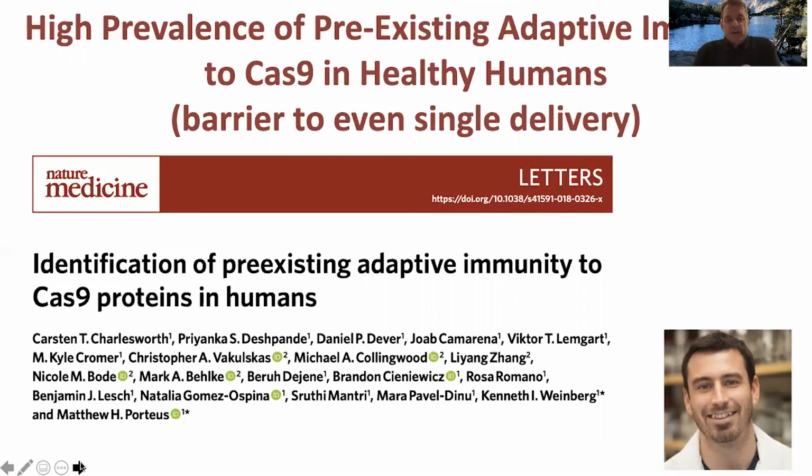And as many of you know, the most active Cas9s that we use both in vitro and in vivo are derived from bacteria that commonly colonize or infect human beings. And so the hypothesis that Karsten and I discussed was whether that chronic colonization might lead to an adaptive pre-existing immune response to the Cas9 proteins.